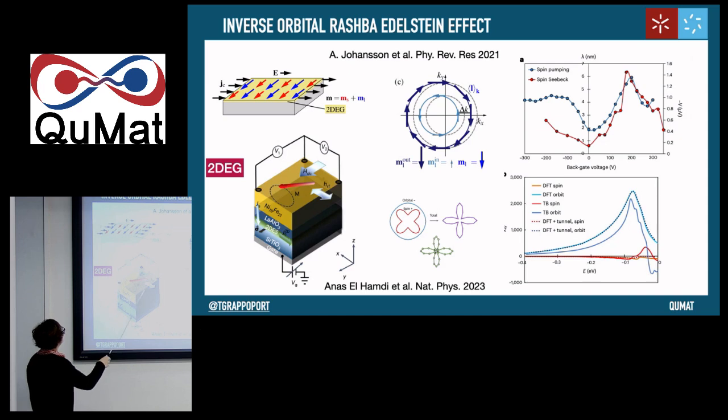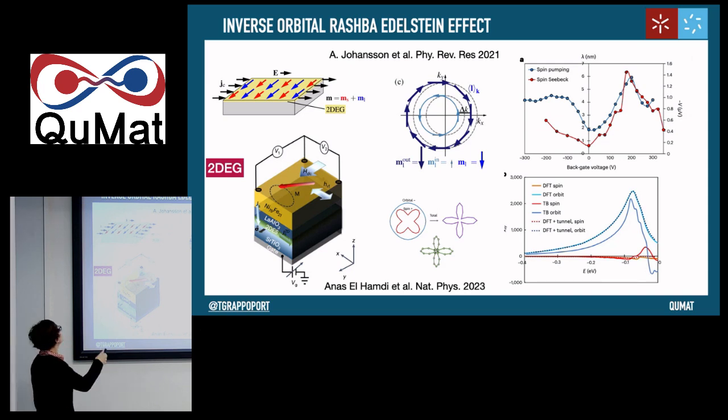They pump both orbital and spin into a 2D electron gas that has orbital textures. So we should expect an orbital Rashba-Edelstein effect. And they measure the inverse effect, that's the generation of a current because of an orbital accumulation.